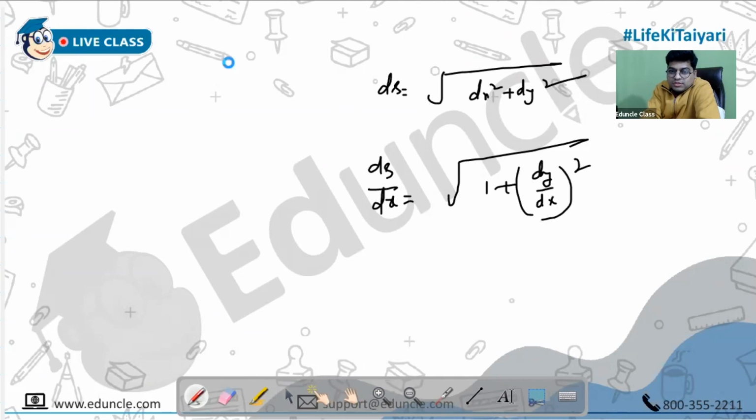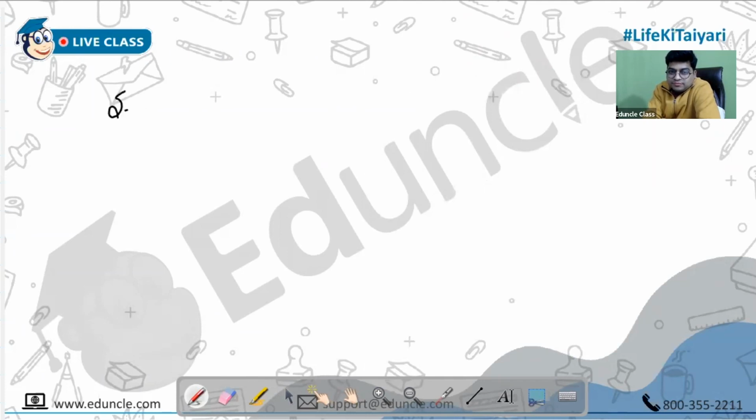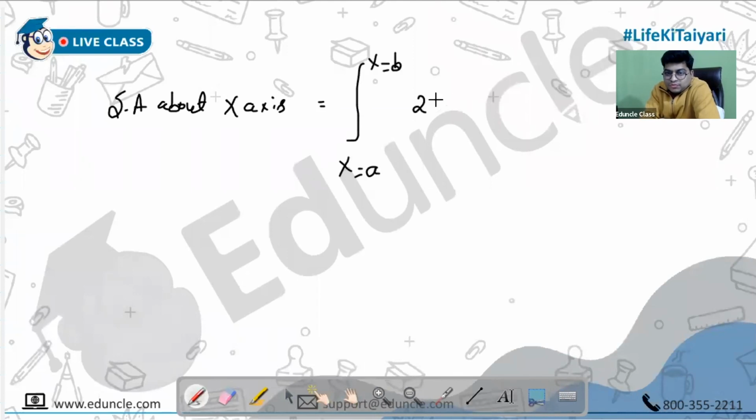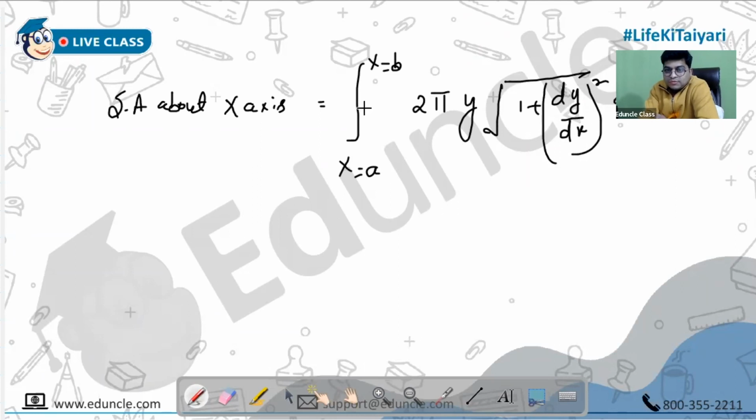So the surface area about the x-axis is the integral from x equals a to x equals b of 2 pi y under root 1 plus dy by dx whole square into dx.